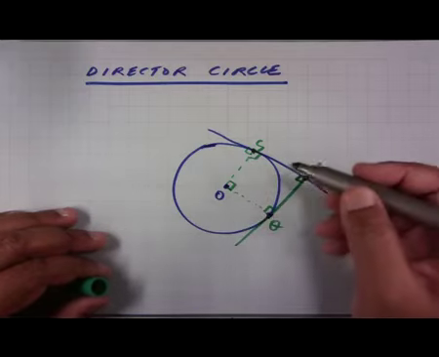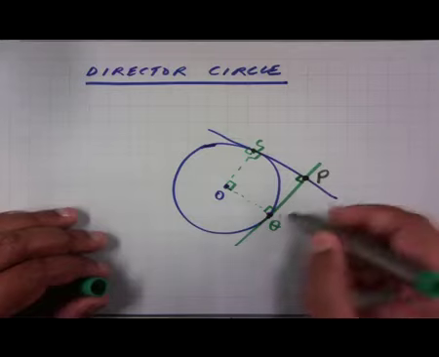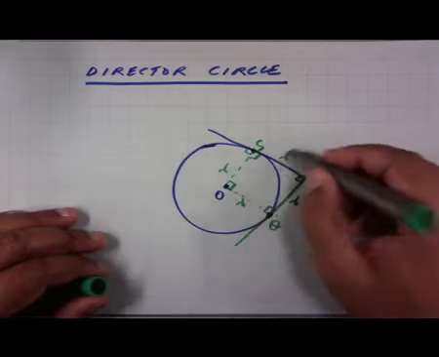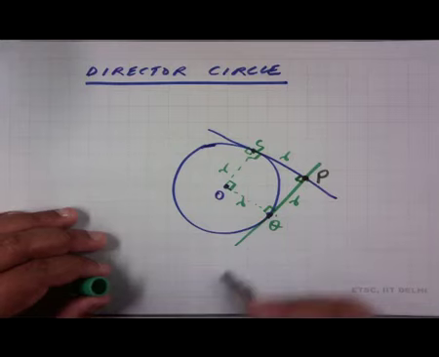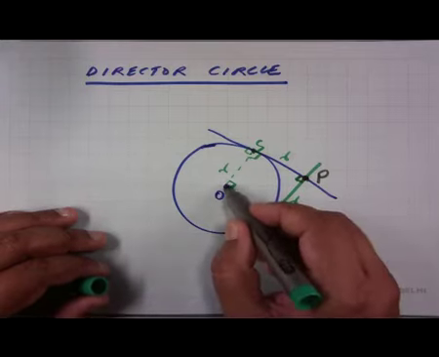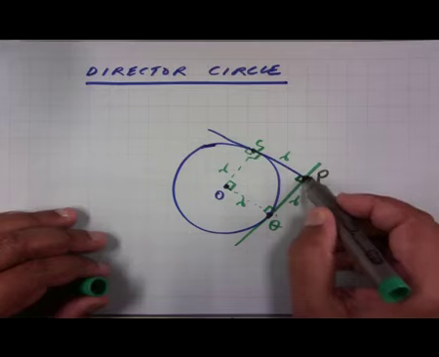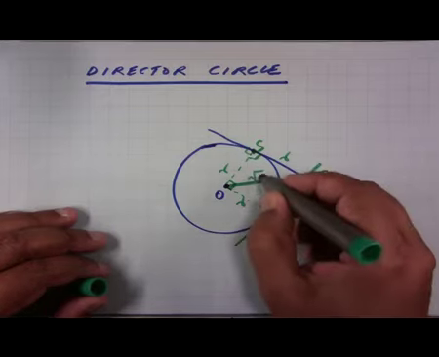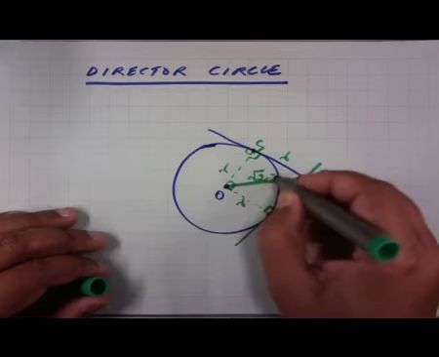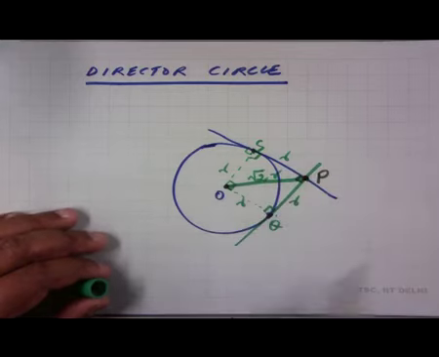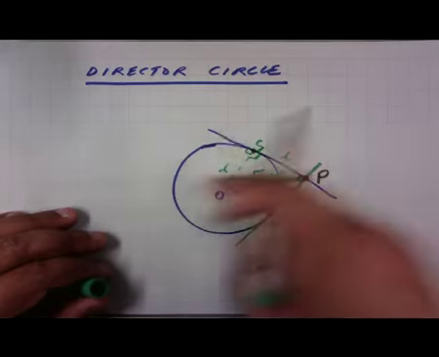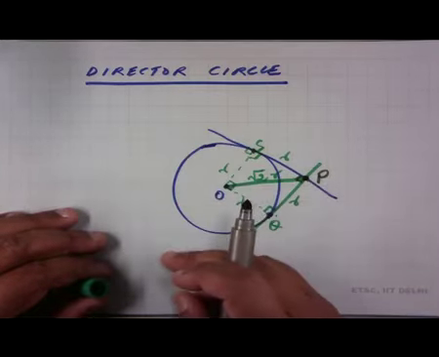So, what that basically means is that this distance is also equal to R, and therefore, the distance from O to this point P will be equal to square root of 2 times R. Any such point P, so we can make another two tangents which are perpendicular to each other.